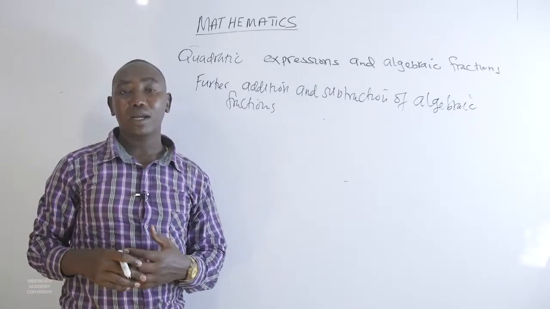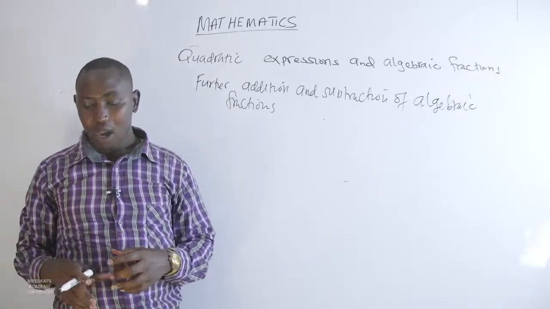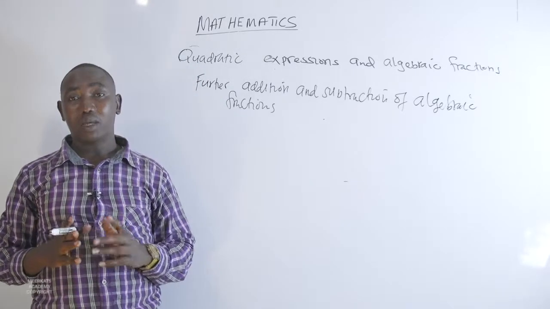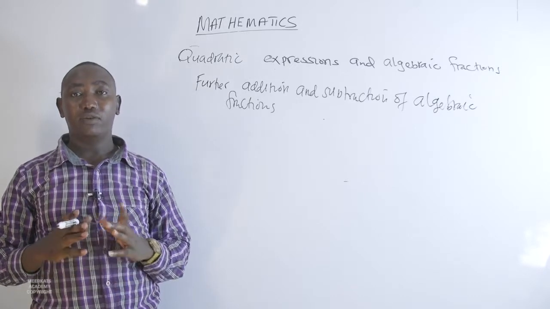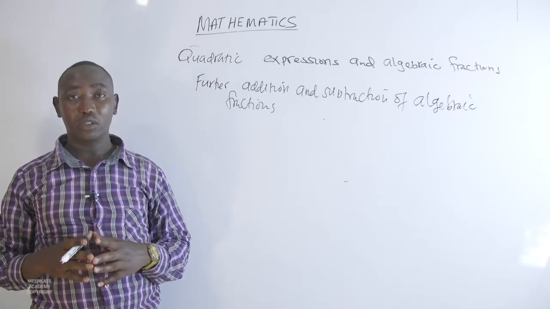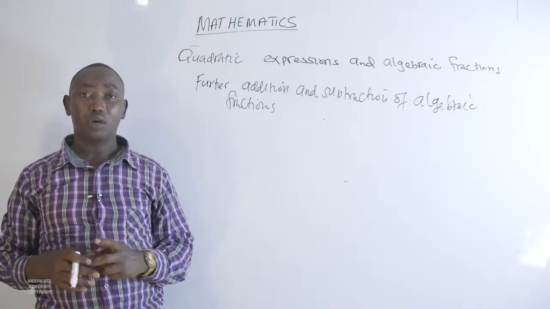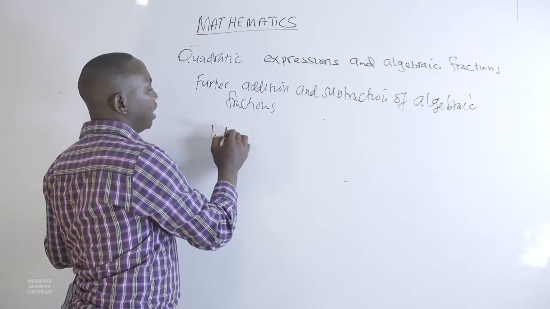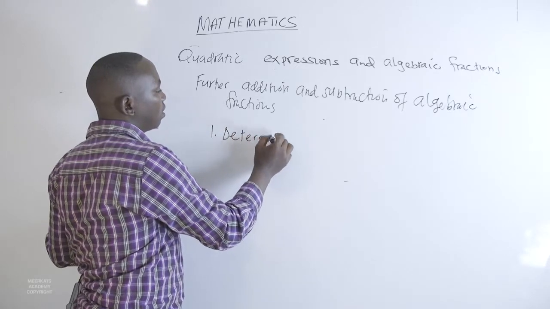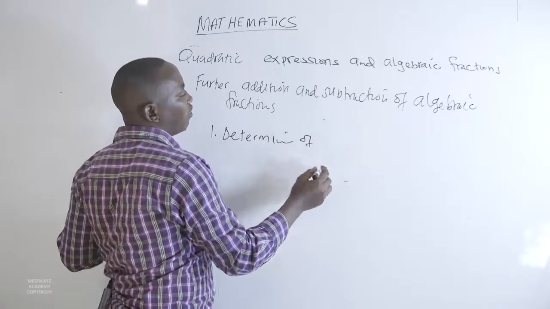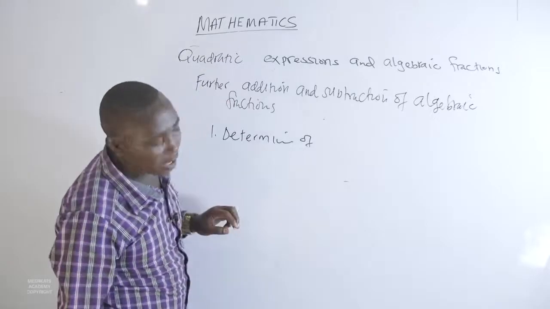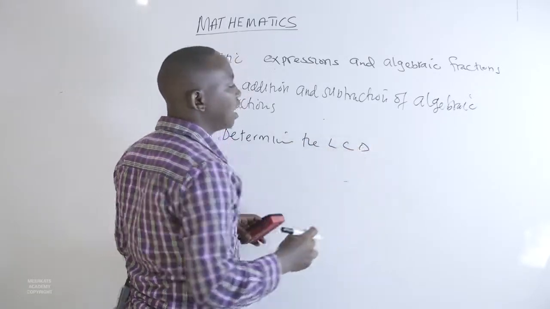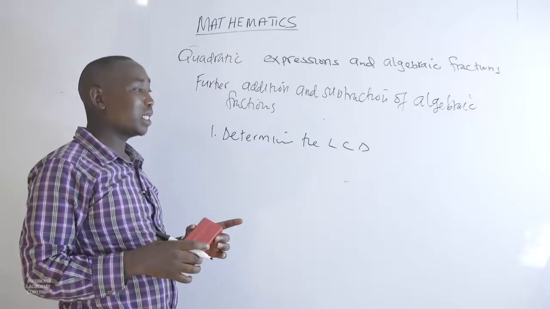To take us back a little, when we were looking at addition and subtraction as ways of simplifying algebraic fractions, we said that there are three critical steps involved. The first step is determination of the LCD, that is the least common denominator.